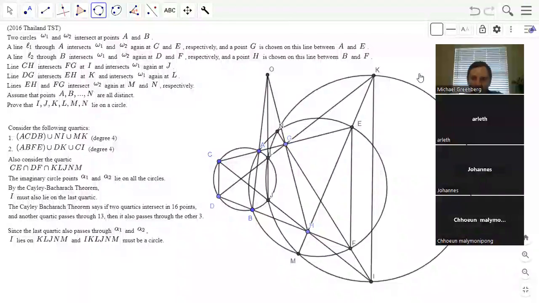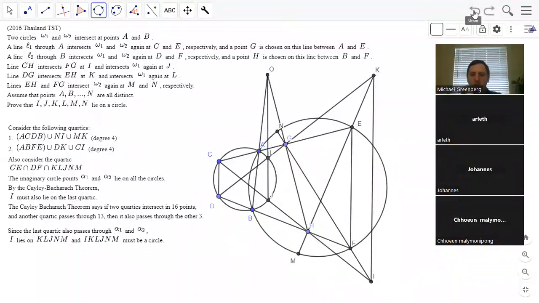No, we would still have three circles. Like the one through C and D, and then the two circles we want to show are the same. But yeah, I don't know. Well, let's see. So if we knew these were collinear, would that make any kind of angle chase easier?